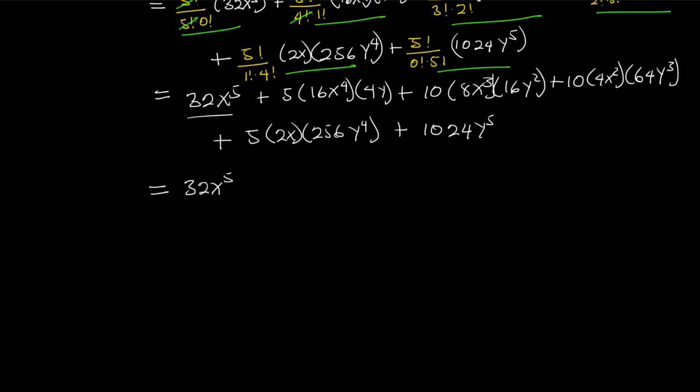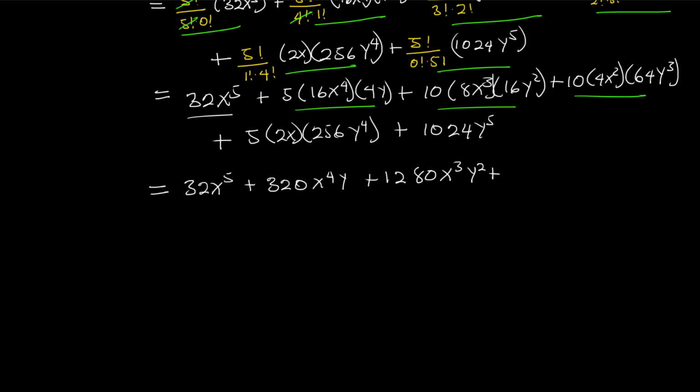The next term is that one here, and that gives us 5 times 16 times 4 gives us plus 320x⁴y, plus this term here gives us 10 times 8 times 16, and that evaluates to 1280x³y², plus the next term is this term here.